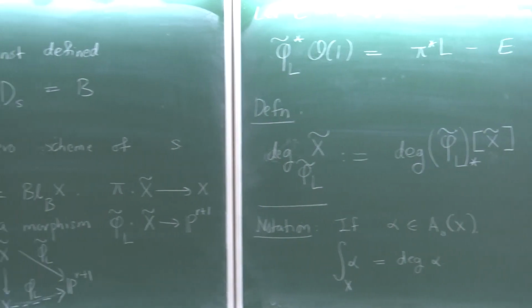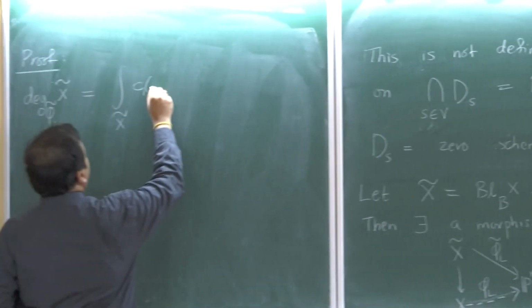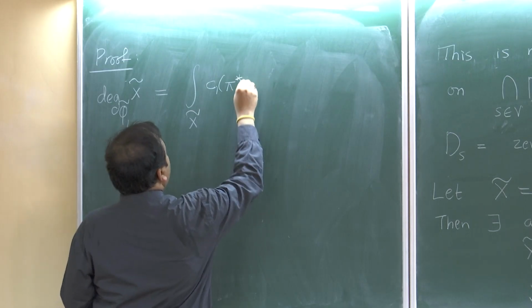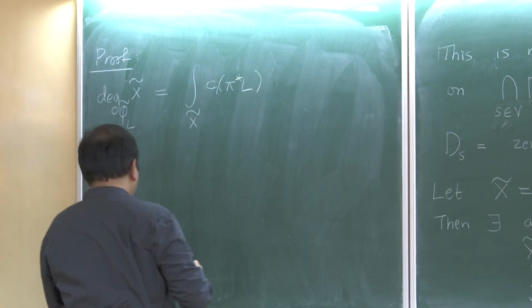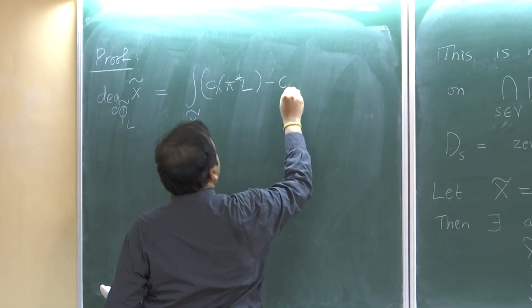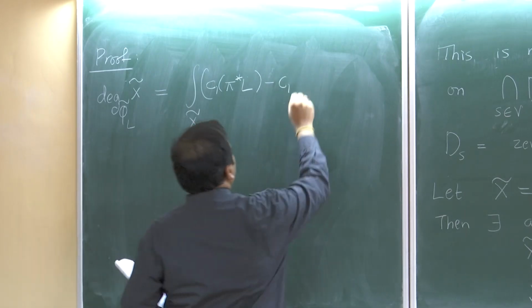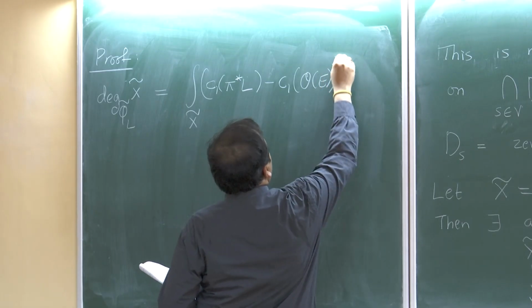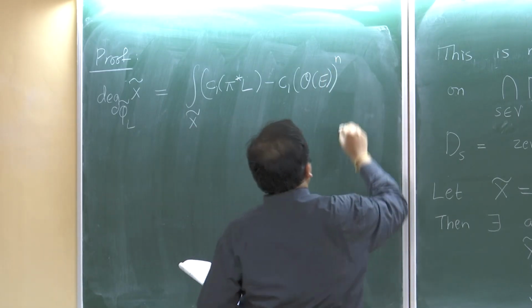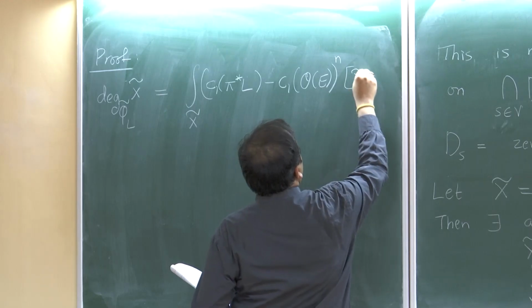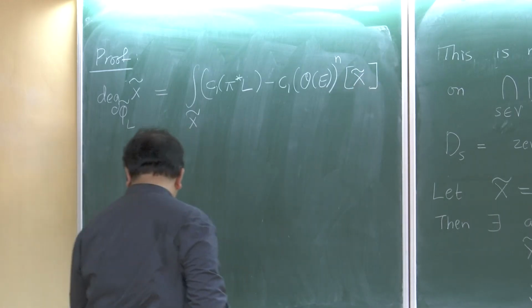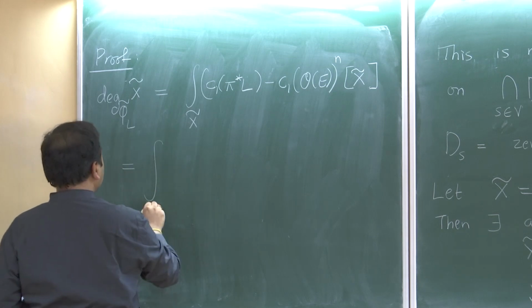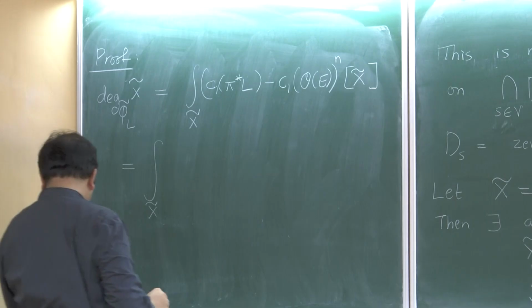So C1 of phi upper star L minus C1 of OE to the n of x tilde. Okay, so now you just expand this using the binomial theorem.